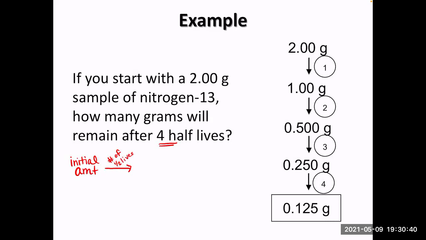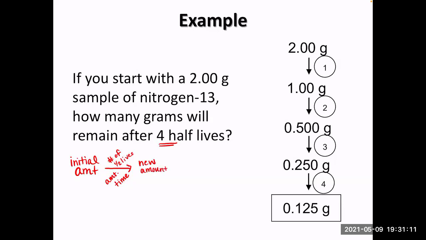And then sometimes you can put the amount of time. So if they had told us one half-life was 10 minutes, we could put 10 minutes under here, because sometimes they say how much time will have passed and how much is left. Okay, so number of half-lives, amount of time, and then that's going to leave us with our new amount.